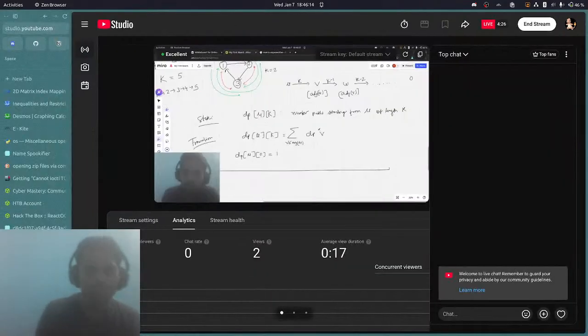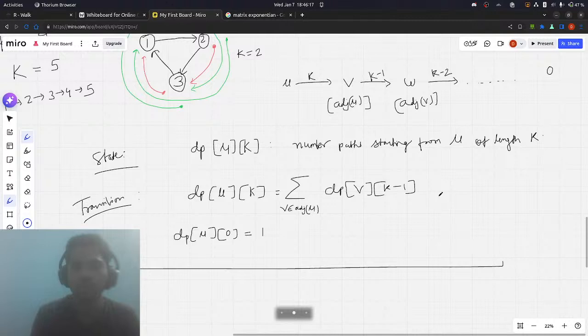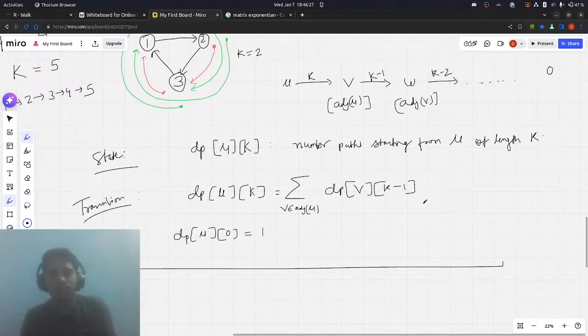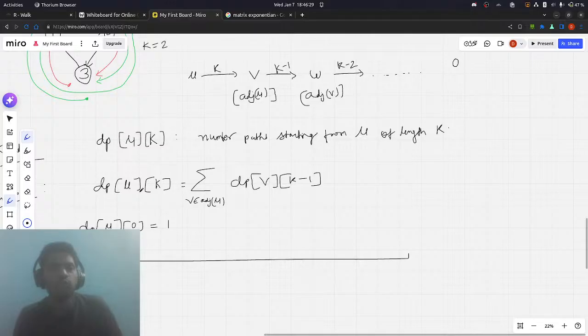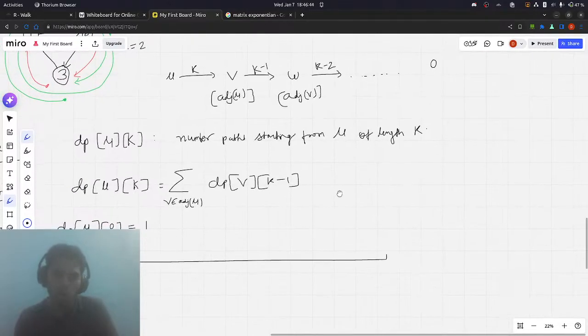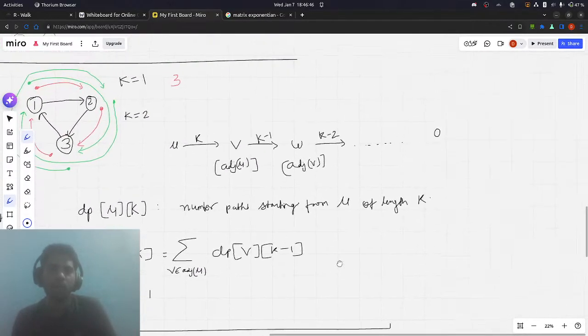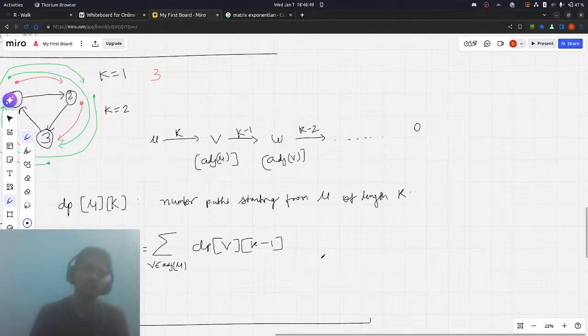We are going to the neighbor of U, and then from there we are checking for all the k minus 1 path lengths. So this is a recursive call, and if you want to write a recursive solution for this, you can.